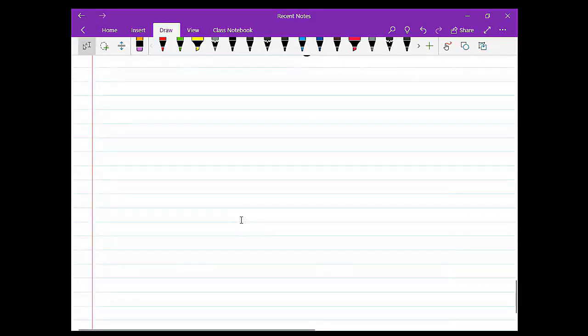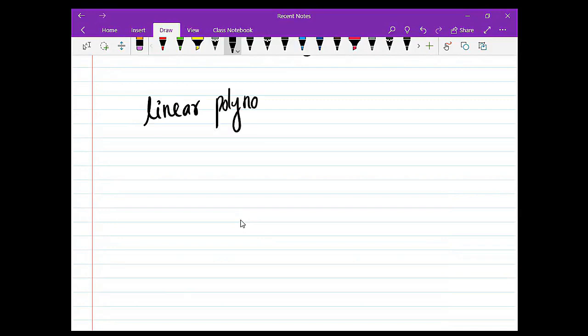See, in general, this is a shortcut for the linear polynomial. For the linear polynomial, in general, how do you write the general form of a linear polynomial? That is ax plus b.